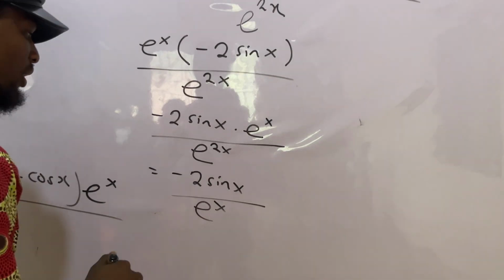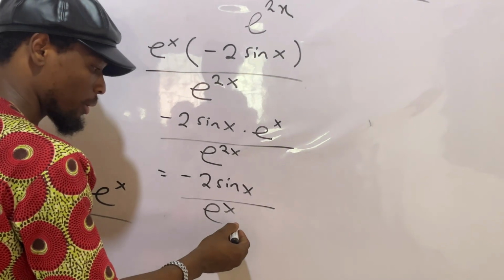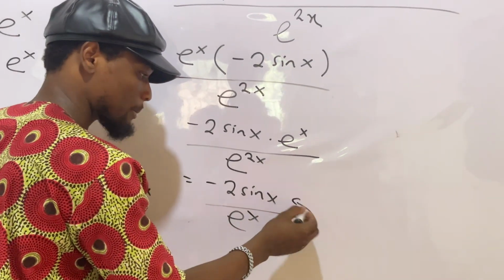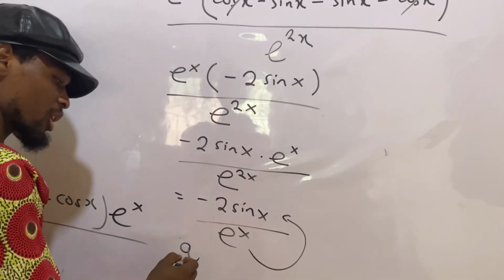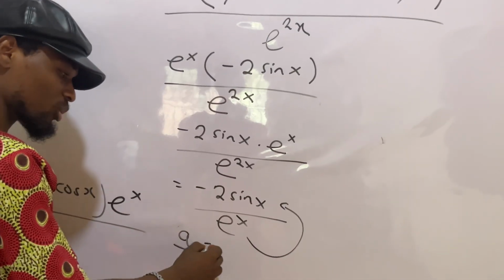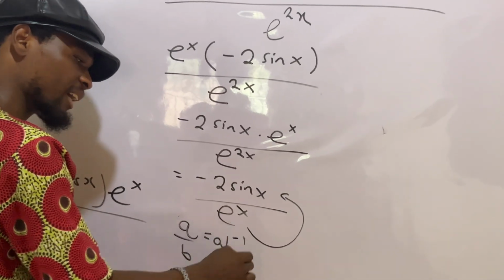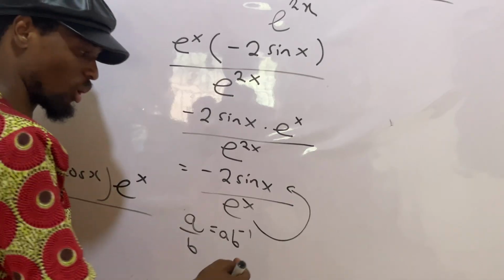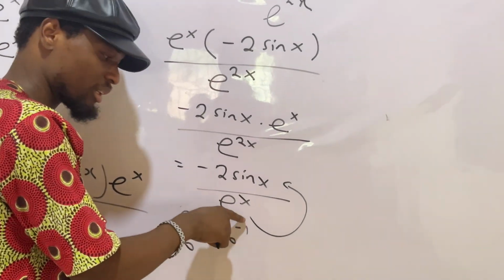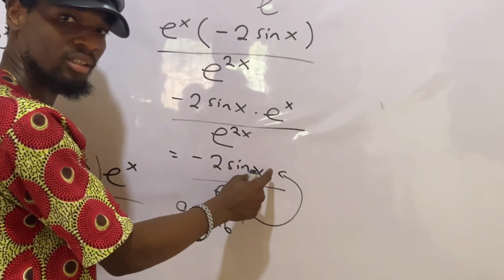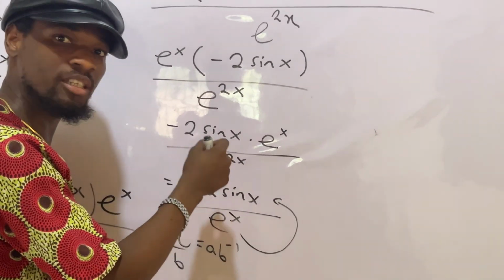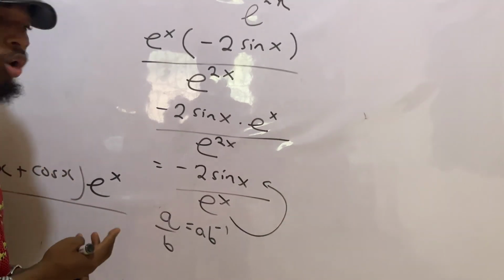Good. Now, when you transpose this, according to the law of indices, we know that a over b is the same as a times b to the power negative 1. Whenever you want to bring something from the denominator to the numerator side, it is always to the power negative 1. This is basic algebra, right?